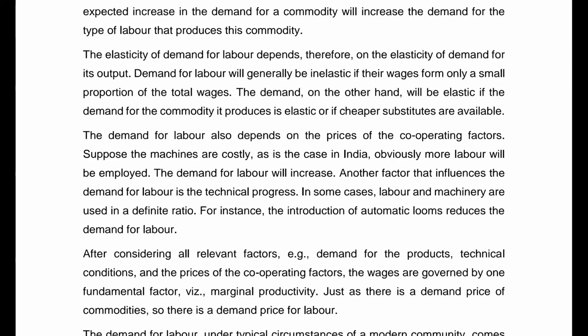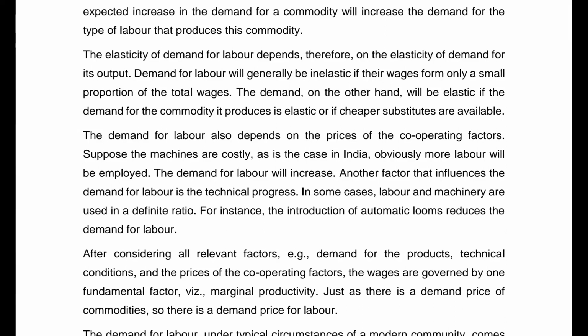Now, what is the elasticity of demand for labor? This is what you need to get. The elasticity of demand for labor depends on the elasticity of demand for the output. This is a derived elasticity. Pay attention to that.